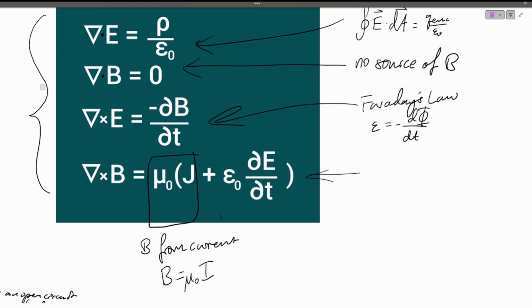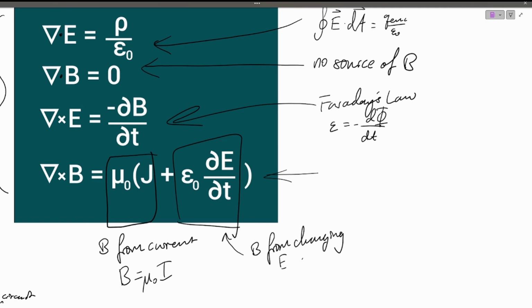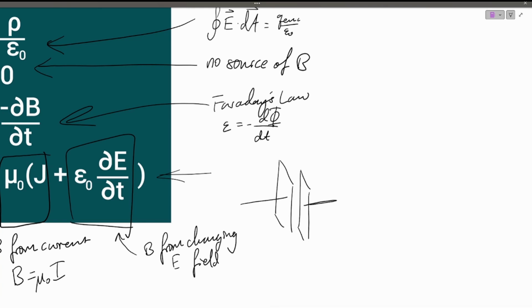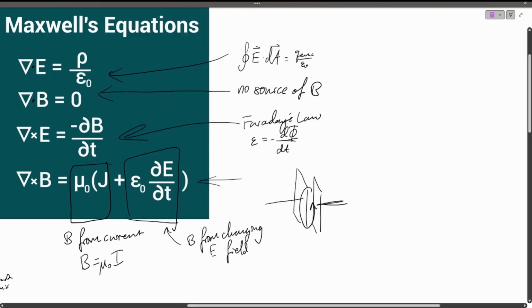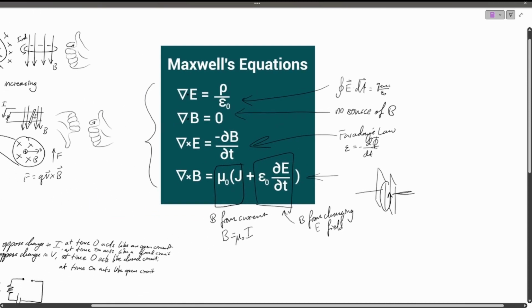And then this term here is the new one, which you shouldn't have to touch, but it's just B field from a changing E field. The example is if you have two capacitor plates and it's being charged, there is going to be a B field created in this gap. So that's Maxwell's equations.